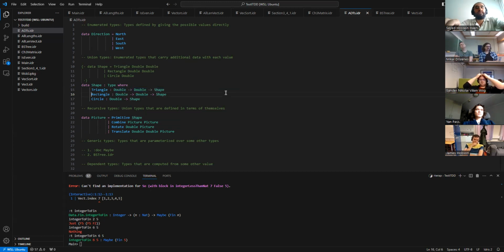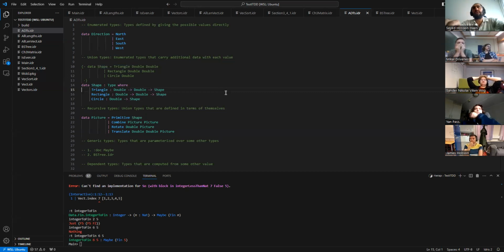Now, these being functions, as you can see, they all return shapes, right? That's one of the extra pieces of syntax that you need to put in, which you didn't have in the previous notation.